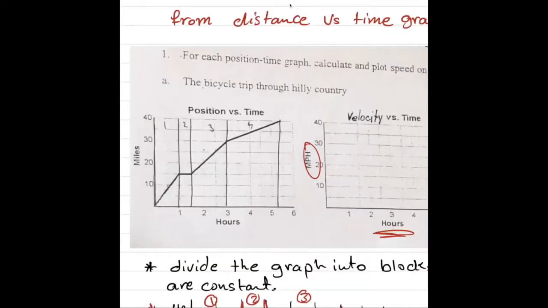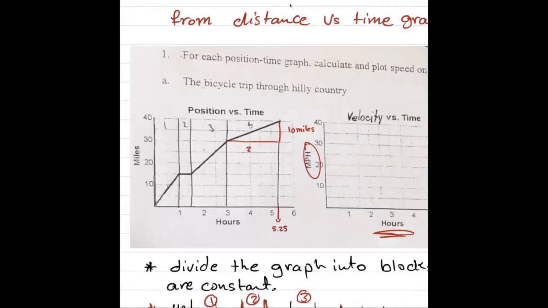Right now, let's look at block 4. For block 4, we do similar analysis. We need to find the velocity. It's a constant slope, so our velocity is constant. Our rise is 10 miles. And the run is 5.25 minus 3.